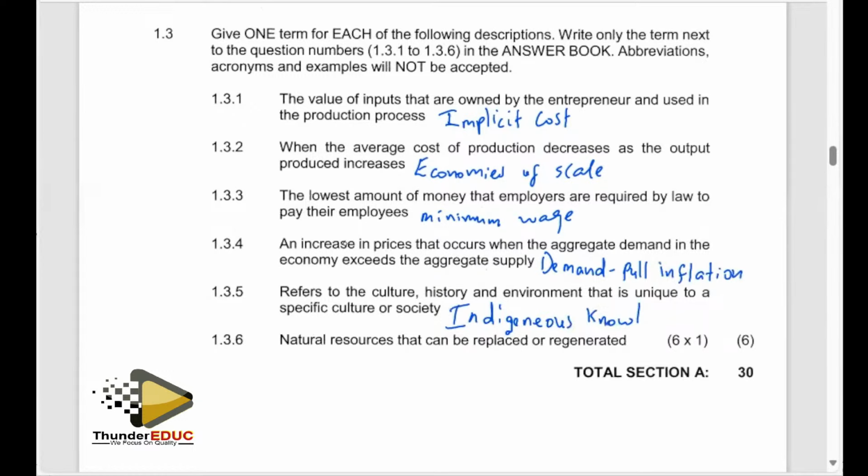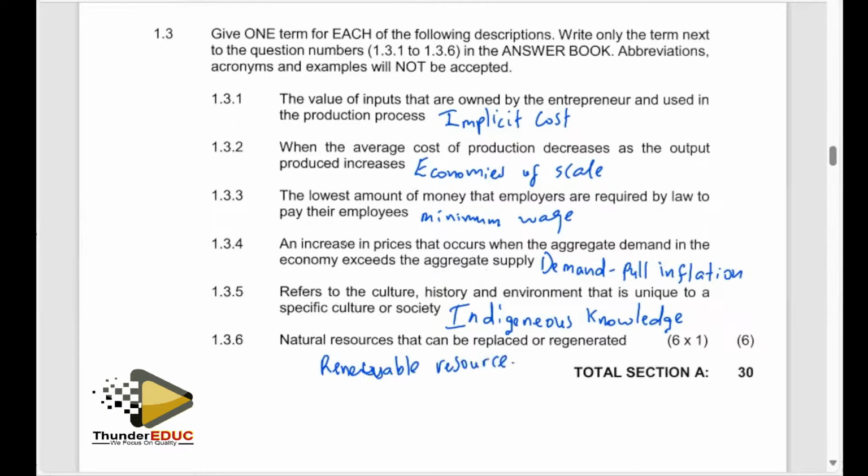Okay, right. So now let's check 1.3.6. Natural resources can be replaced or regenerated. So now this is what? Renewable resource.